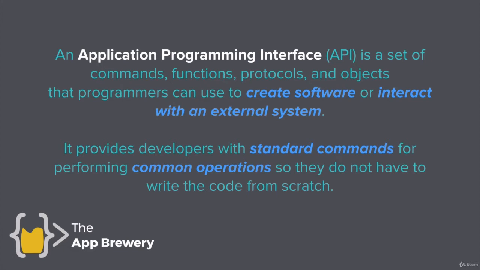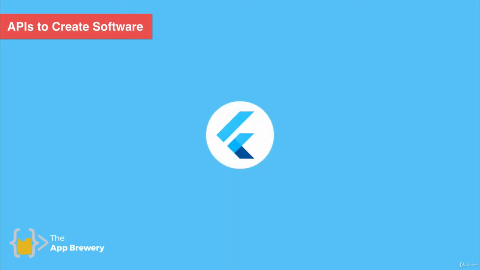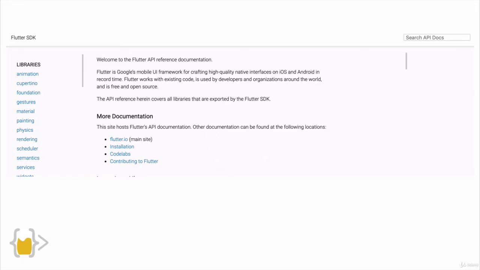Now, this is quite a broad definition, and as you think back to all the things that you've done, even in this course, you can imagine that lots of it actually fit this definition. So one type of API are APIs that are used to create software, for example, Flutter. If we take a look at the Flutter documentation, you can see that it tells you this is the Flutter API reference documentation.